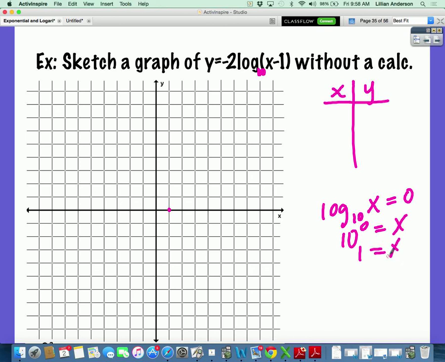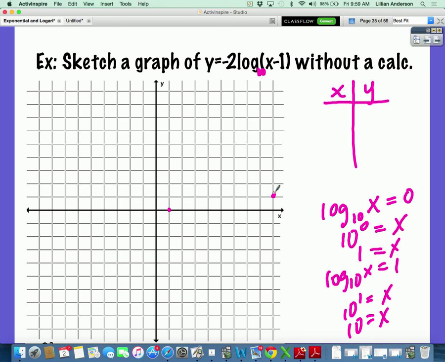So x will be 1 when y is 0. Log base 10 of x equals 1. 10 to the first would equal x. So x would be what? 10. So 10, 1 is another point I could graph on my original parent function of log base 10 of x. Those are the points that you should move and alter to graph this function.